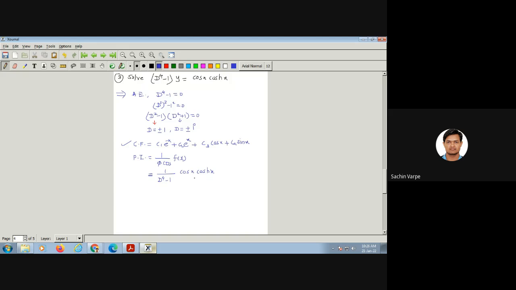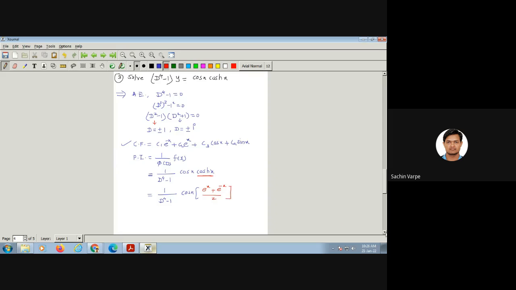So what we can do, we can have a formula for hyperbolic cos x in terms of normal exponential functions. That is, 1 upon D raised to 4 minus 1 cos x into, I can write for hyperbolic cos x, e to the power theta, that is x, plus e to the power minus theta upon 2.